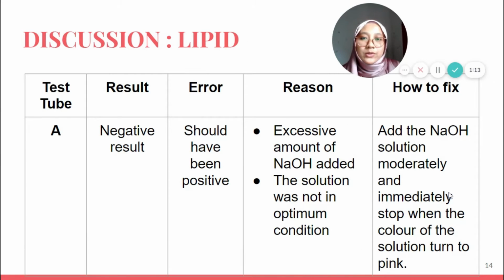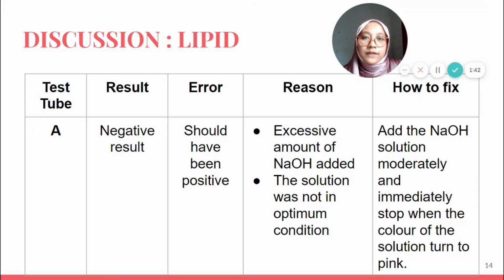Okay, we are going to continue our presentation with the discussion on the lipid digestion experiment. So, in this experiment, we have prepared 4 test tubes, which are test tube A, test tube B, test tube C, and test tube D. For test tube A, the result obtained is a negative result. The error in this part of the experiment is that the result obtained should have been positive as it is in optimum condition.